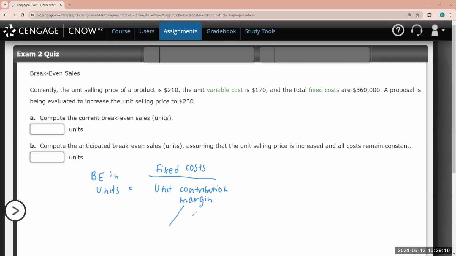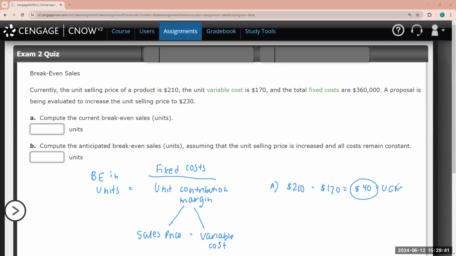And our unit contribution margin, as we know, is our sales price minus our variable cost. So in scenario A, we have a current selling price of $210, and we have variable cost of $170. So in this case, our unit contribution margin is $40.